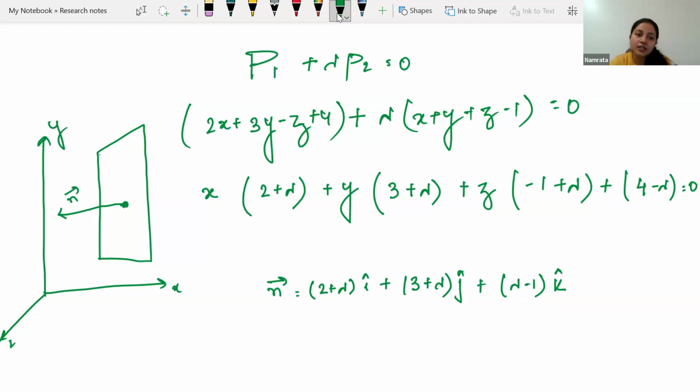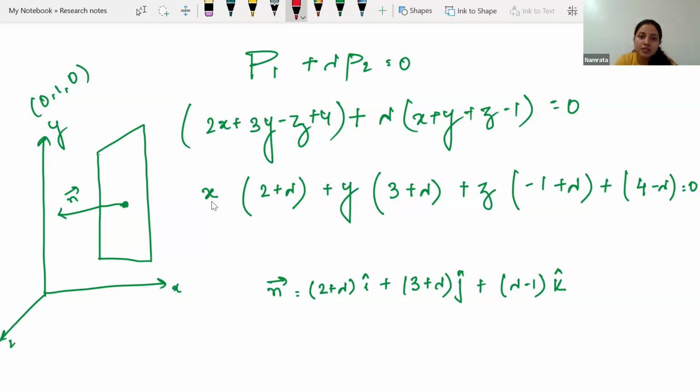So what is the direction ratio of y-axis? Direction ratio of y-axis will be 0 1 0, right? So we do the multiplication: the direction ratio of y-axis and the direction ratio of the normal, if we do the dot product, that will be 0.